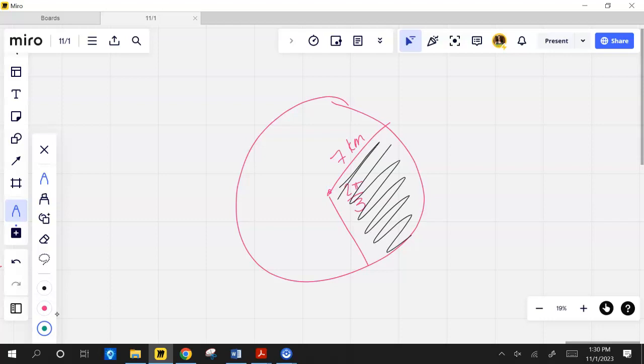This is 2 pi over 3. Find the area of the shaded region. Mark, set, go. Find the area of the shaded region. So that's already in radians, so I don't have to do anything with it.